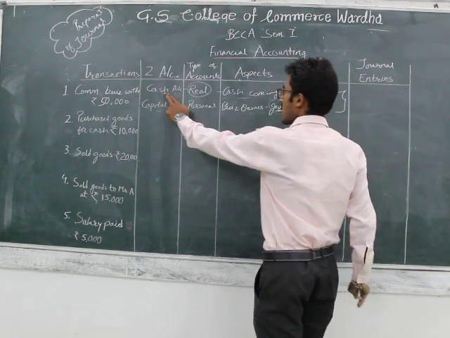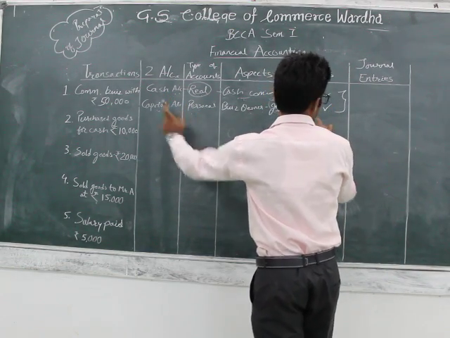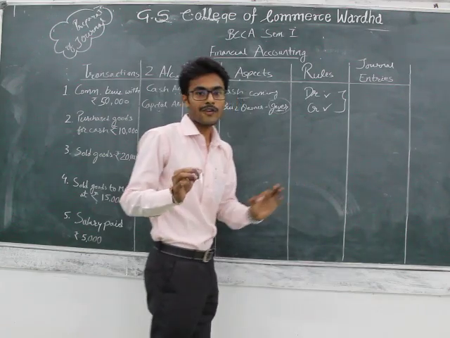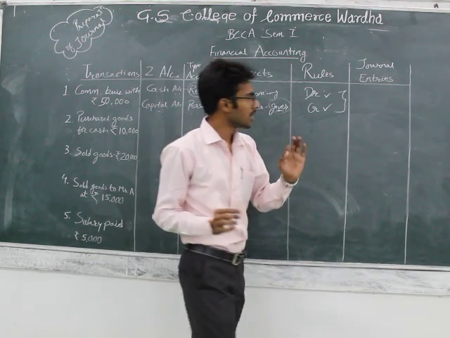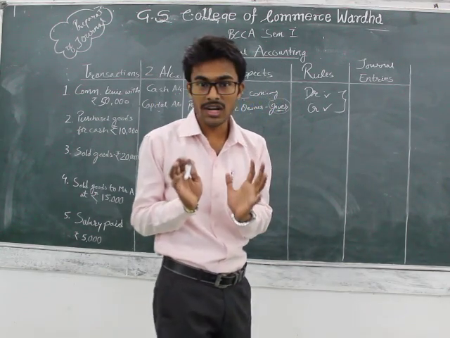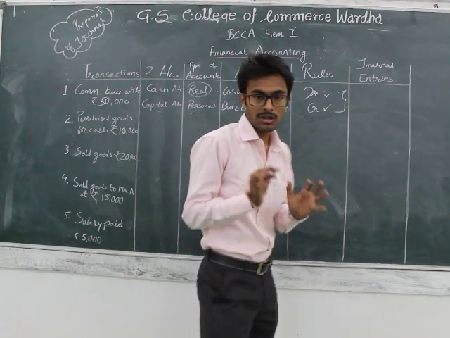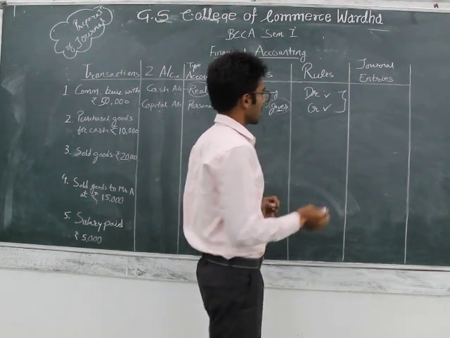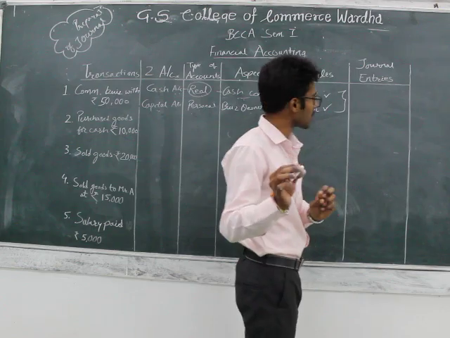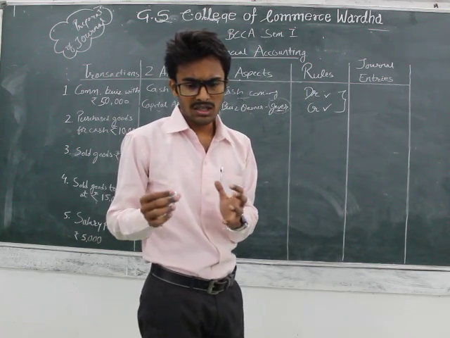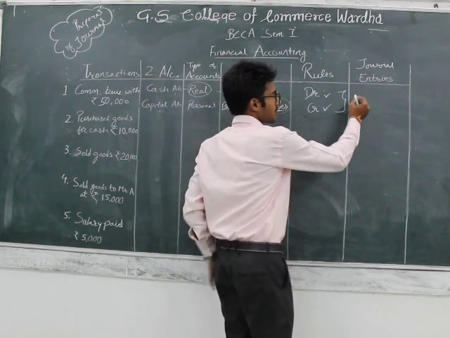What I said: cash account debit, capital account credit. The way of writing a journal entry is, please see, this is your first journal entry for your syllabus. Give very specific, very cautious attention, okay?